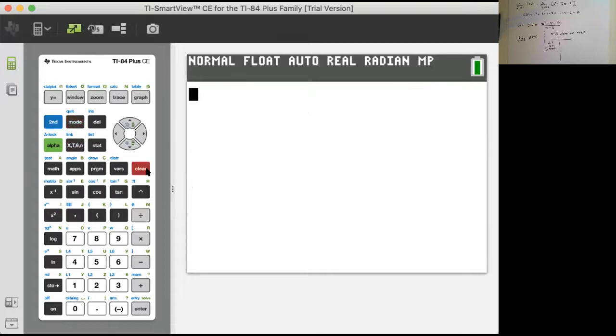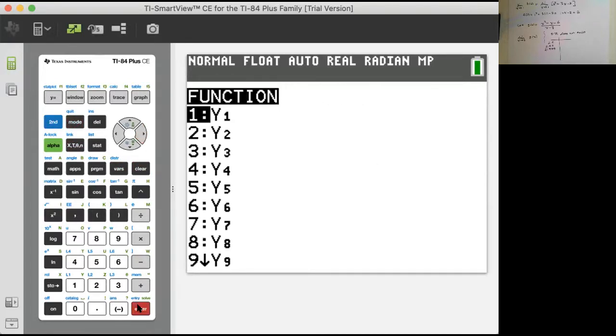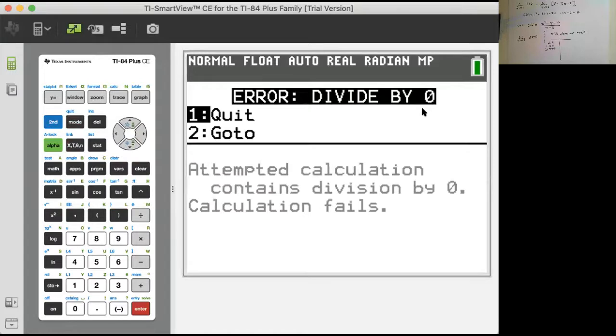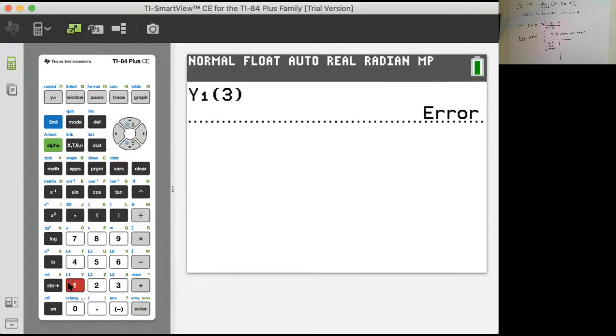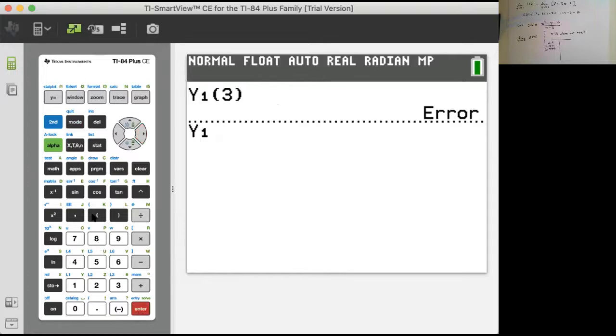So if I try to plug in 3, I would have a division by 0. And notice that's what it tells me. It's an error. So let's try something else. Let's try numbers near 3. Let's go with 2.9. If I plug in 2.9 into the function, what do we get?